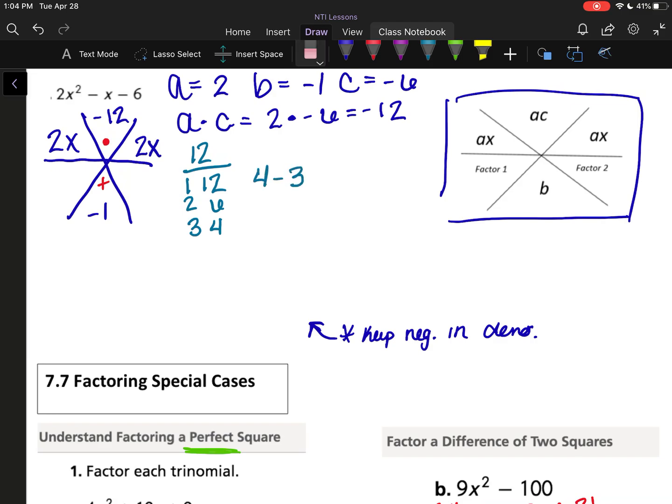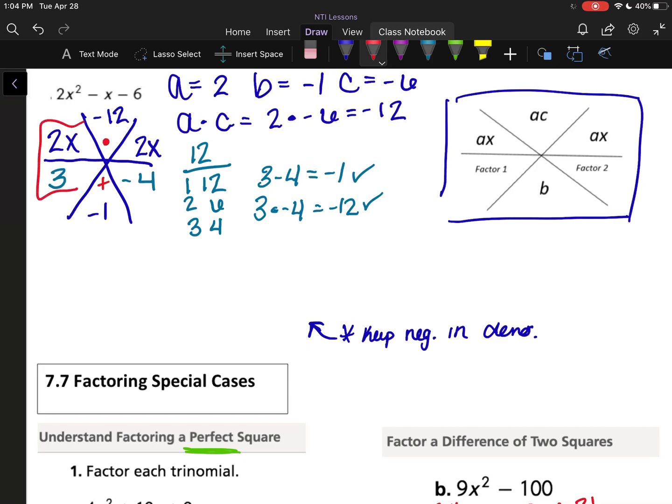Nope, that equals +1. Let's switch it around. What about 3 minus 4? That is -1, and 3 times -4 does equal -12. That tells me my two factors are +3 and -4.